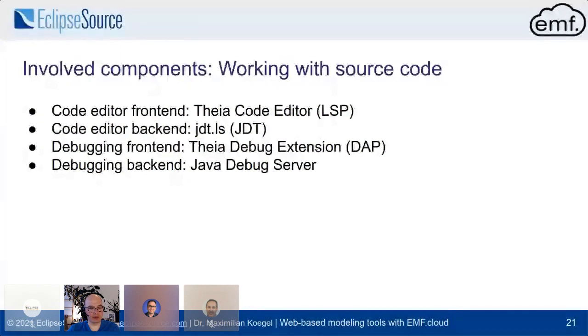So there's language servers for C++, TypeScript, JavaScript, you name it. That's something that's strongly pushed also by other large organizations like Microsoft, for example. And in the back end, you need to find for the debugging a debug server that speaks this debug adapter protocol language.